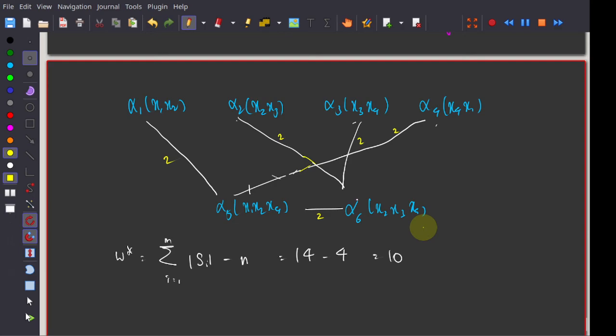So that is it. Given a particular local function or a set of local functions, we know how to construct a junction tree. Now the question is, how do we solve the MPF problem? Right now, we're only trying to get the graphical representation.